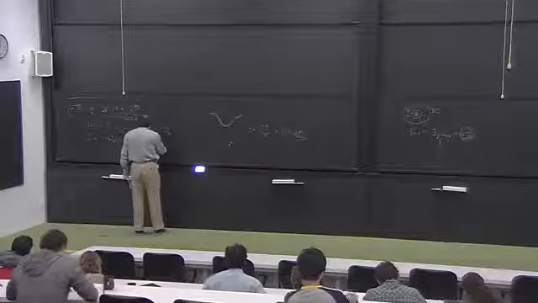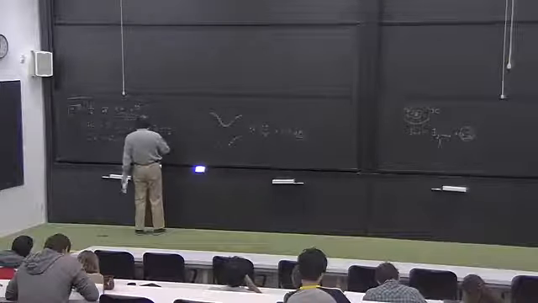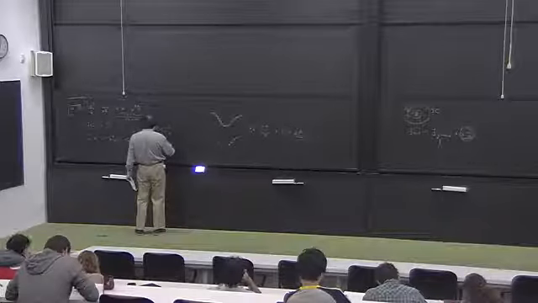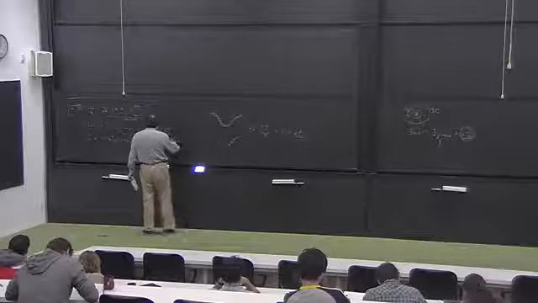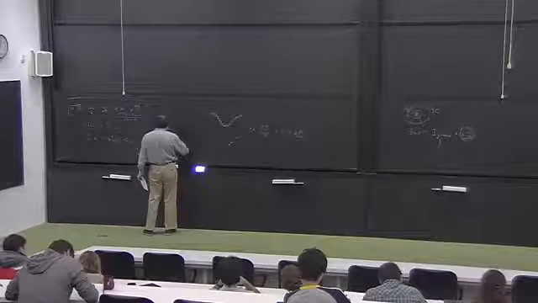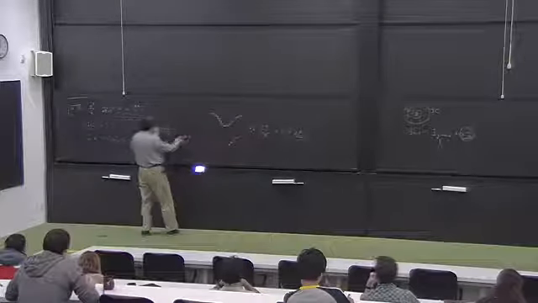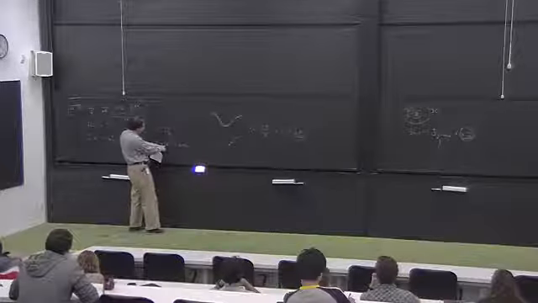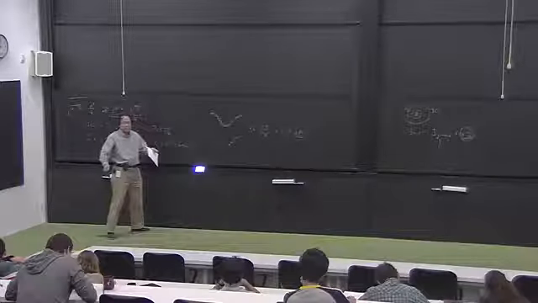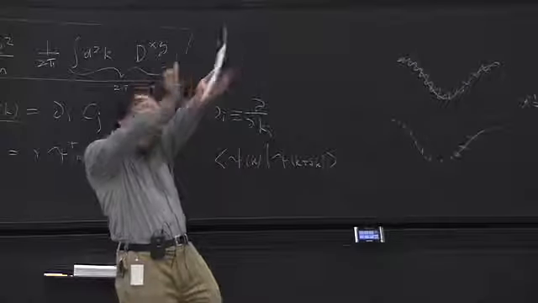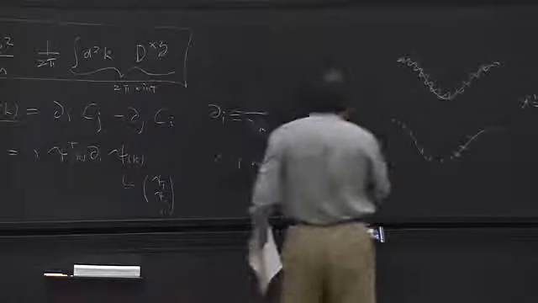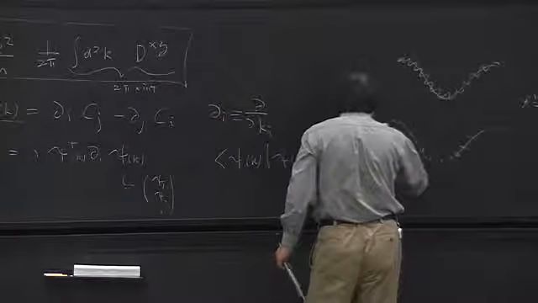Remember, this C means the following. Suppose we compare the phase of the states at a different k. If we compare the two vectors at different k, and these two vectors are slightly different, then there may be a small phase difference here.